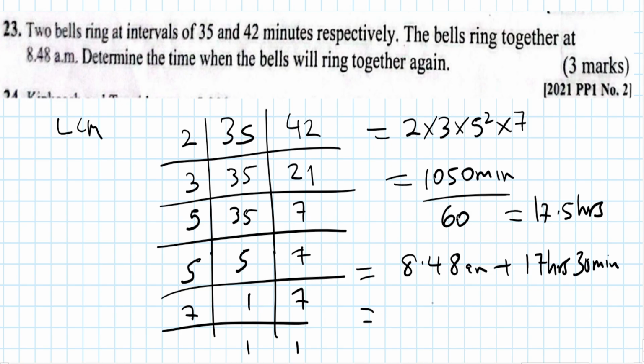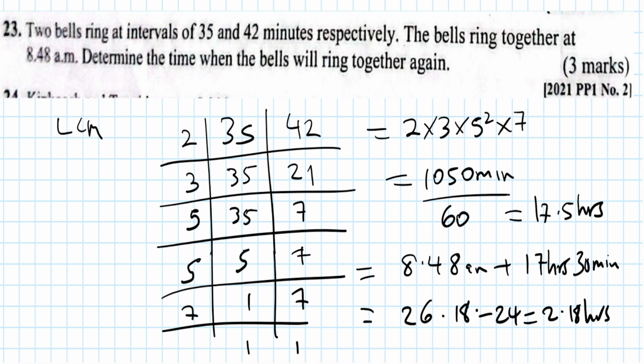If you use just your calculator, it's going to give you 26:18. So you subtract 24 to give you 2:18 hours.